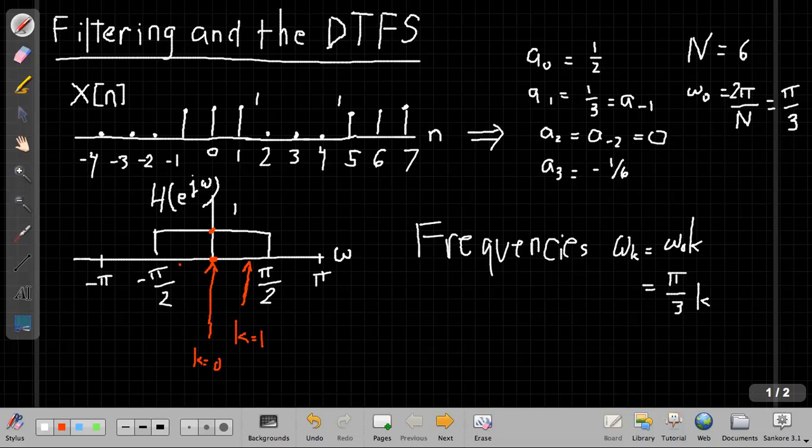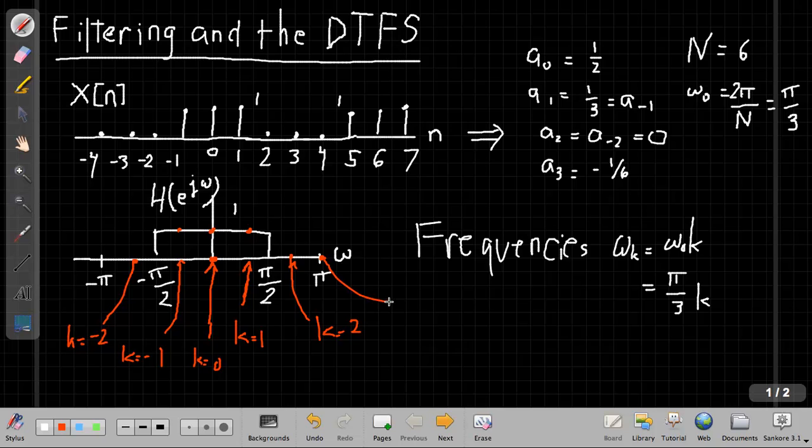And then over here, this is where I would look for k equals minus 1, which is minus pi over 3. When k equals 2, I have 2 pi over 3, which is a little more than pi over 2, so that would be right here. So this is my k equals 2 frequency. And this is my k equals minus 2 frequency.